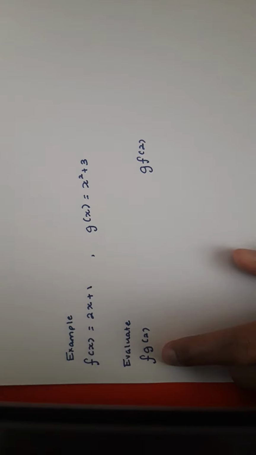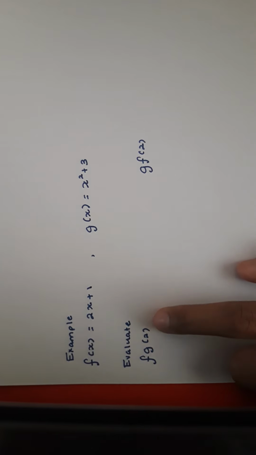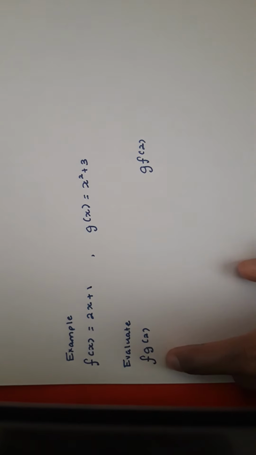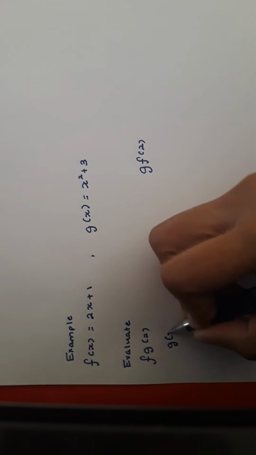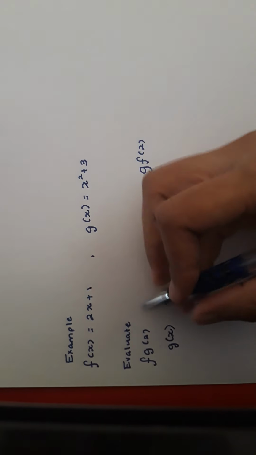Reading this again, it's fg of 2, and g is actually closer to 2. So we place 2 into the g function, and then we place that result into the other function, the f function. So we're going to start with g of x, the function closer to your value.